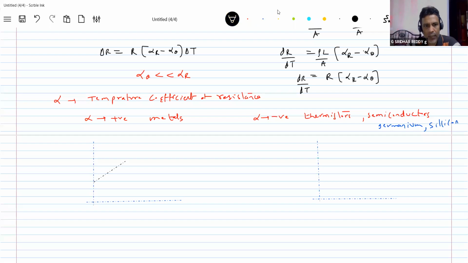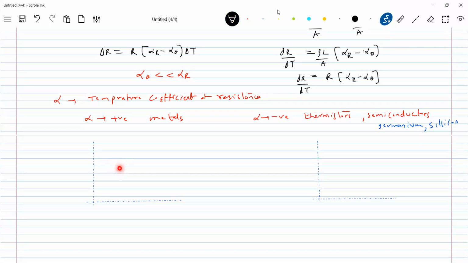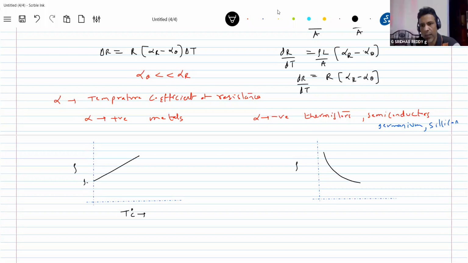As we discussed, this was some rough graph I'm giving here. As you increase temperature, the resistance will decrease. Any reason for that? As you increase temperature, the concentration of free electrons will increase.